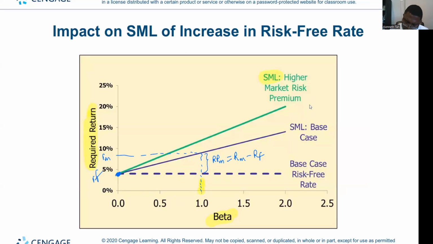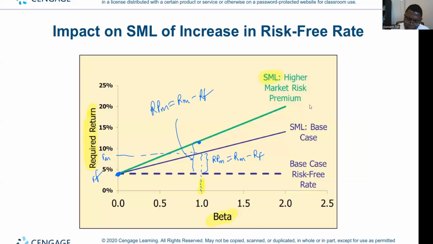The risk-free rate remains the same, except now we have a new RPM, which is the risk premium, RM minus RF. So the security market line stays at the risk-free rate and then slants upward.